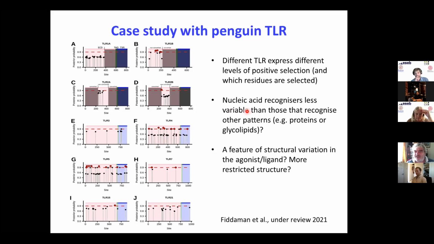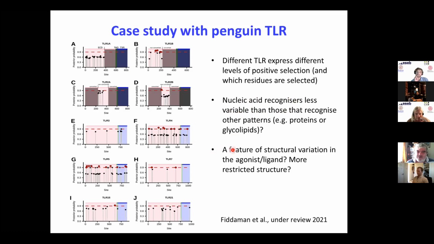Whereas with the nucleic acid recognizers, we tend to see that they're less variable than those that recognize other patterns. And when you see variation, it tends to be focused on just one or two particular amino acids.